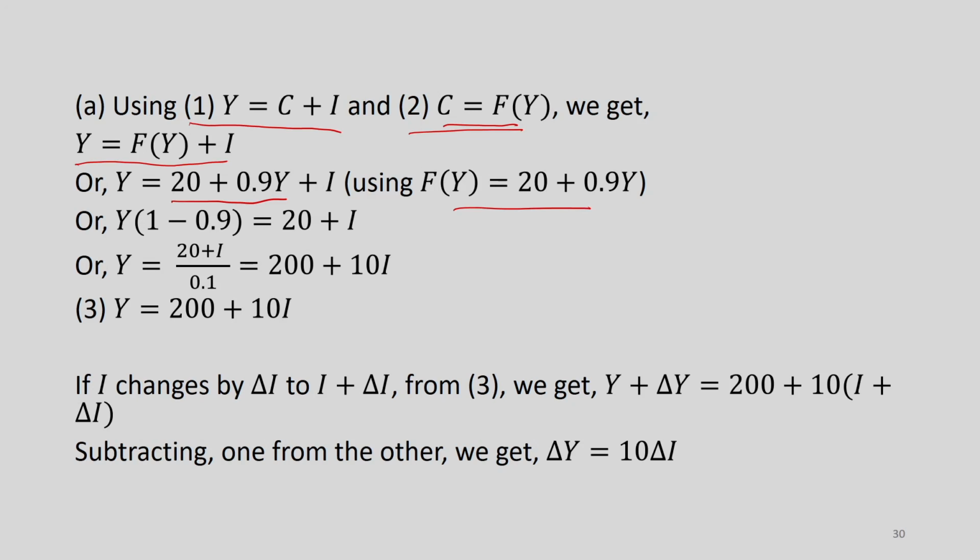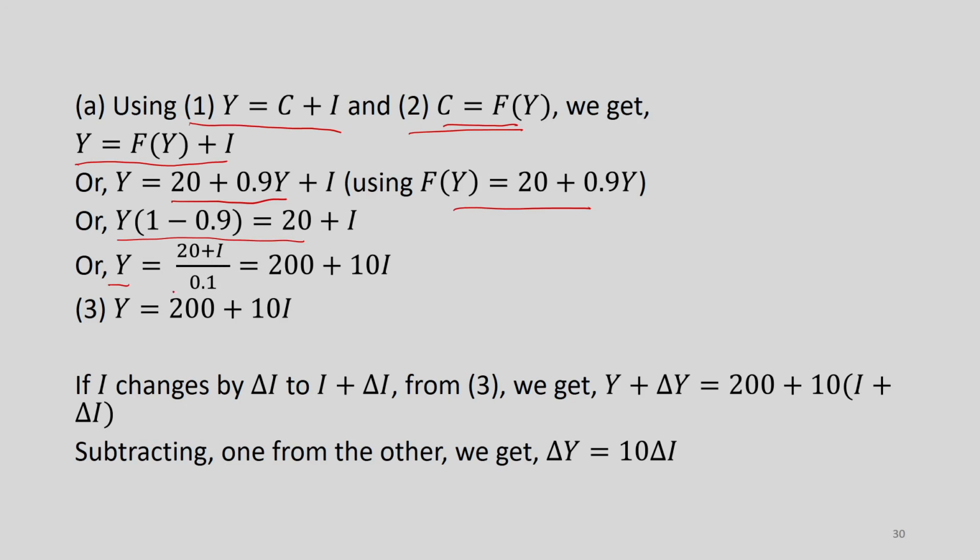And now I can express y as a function of I. So I am taking all the y terms to the left hand side, and after that I get y multiplied by 1 minus 0.9 is equal to 20 plus I. I can divide both sides by 1 minus 0.9, which is 0.1.